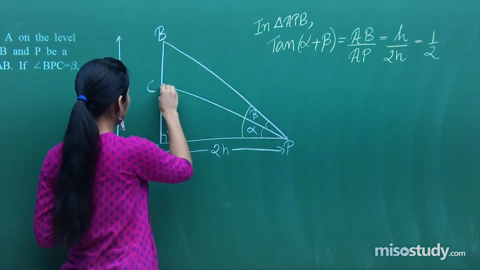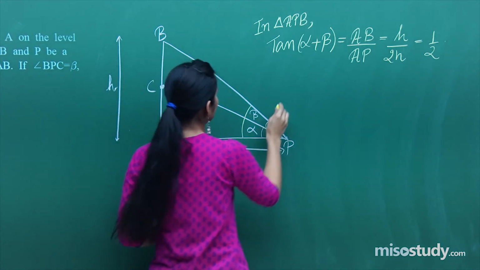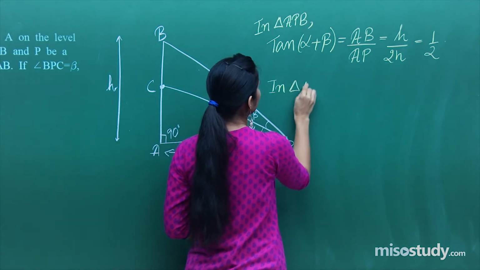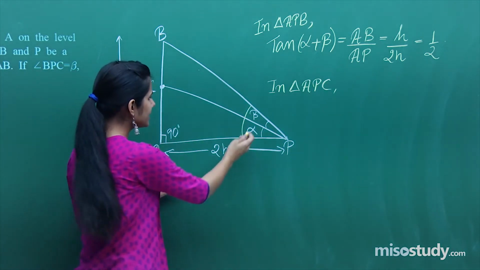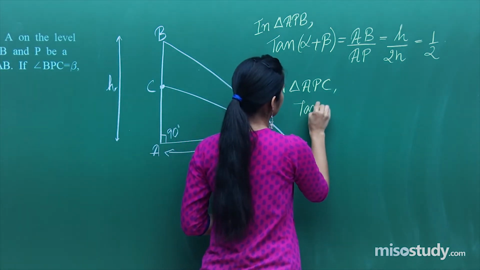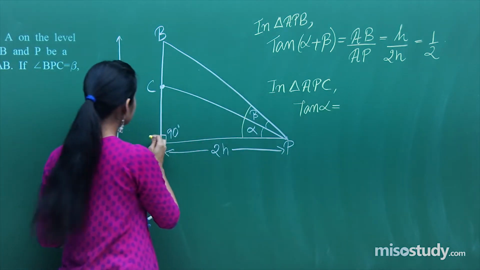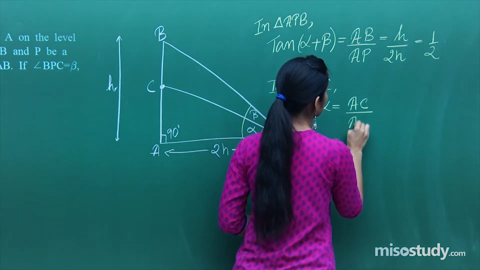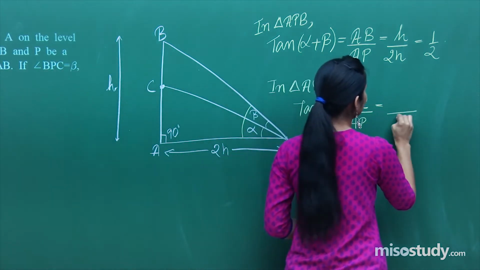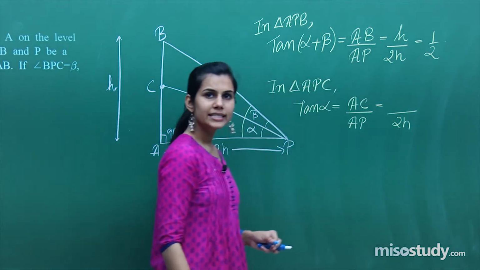Next, let's focus upon triangle APC, again a right triangle. In triangle APC, what is tan alpha? It is AC upon AP. Now AP I know is 2H. AC is what?